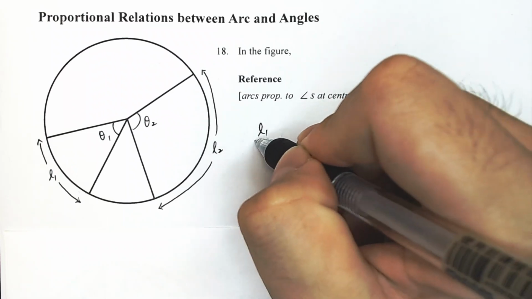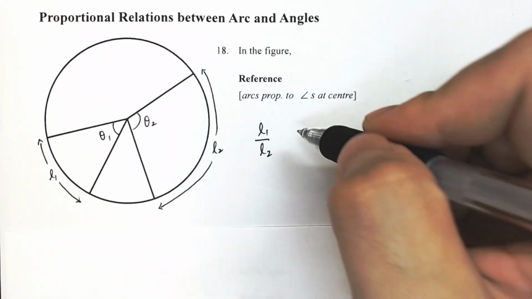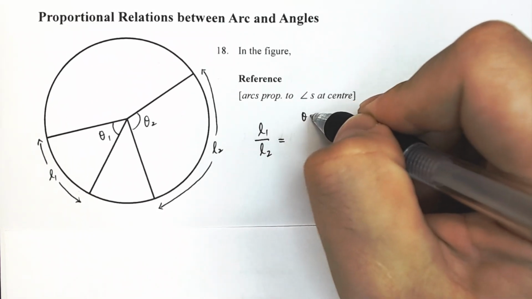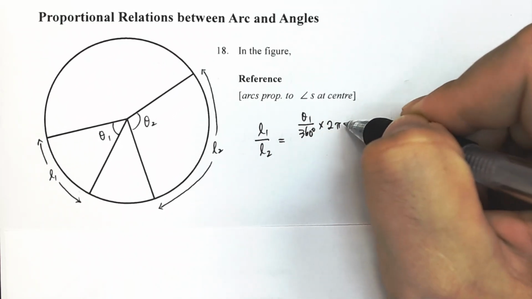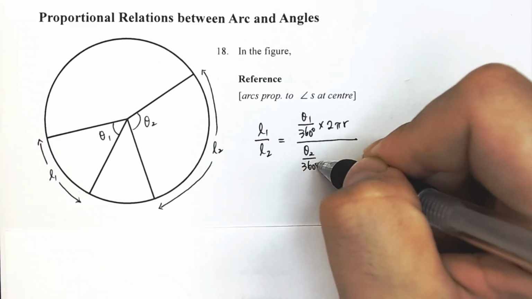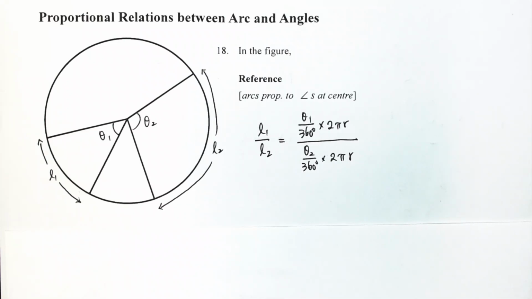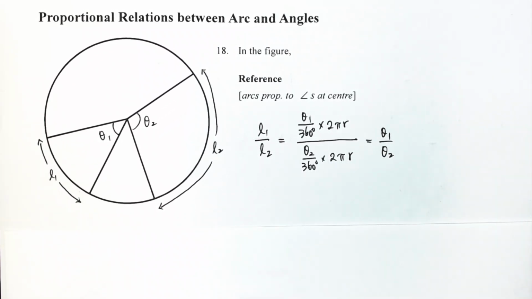If I consider the ratio of the arc lengths L1 over L2, each can be found by theta 1 over 360 degrees times 2 pi r, and theta 2 over 360 degrees times 2 pi r again, because they have the same radii. By then, you should know that the arc length ratio is the same as the angle ratio at the center.